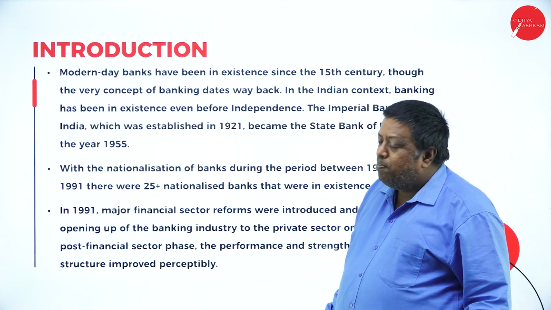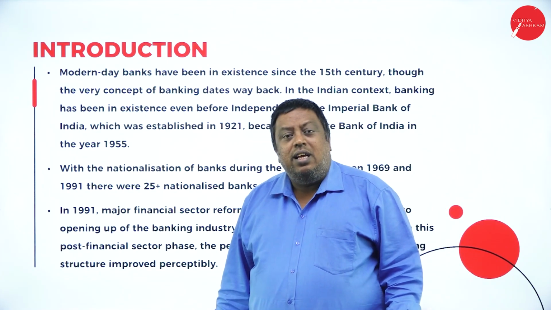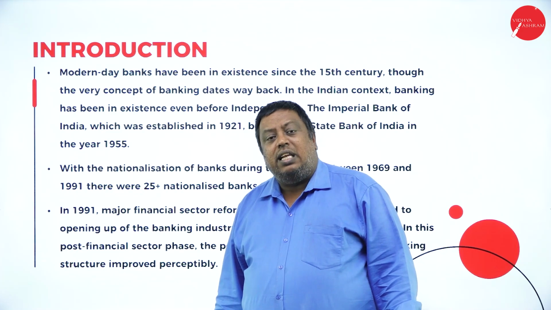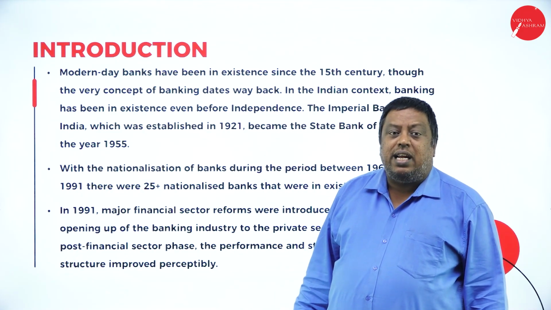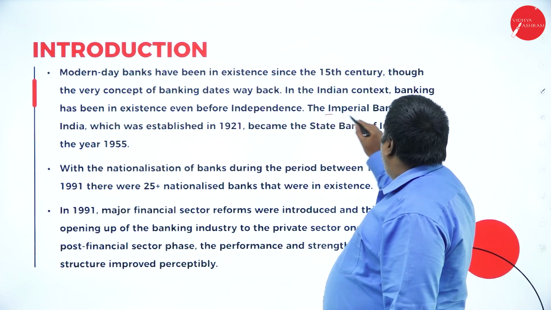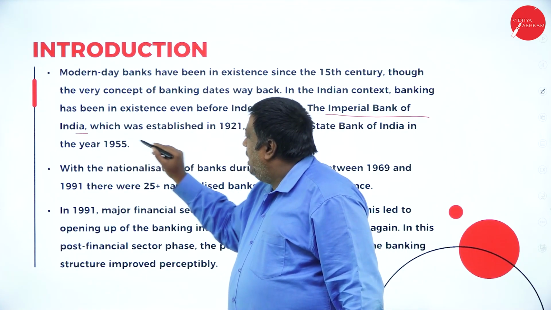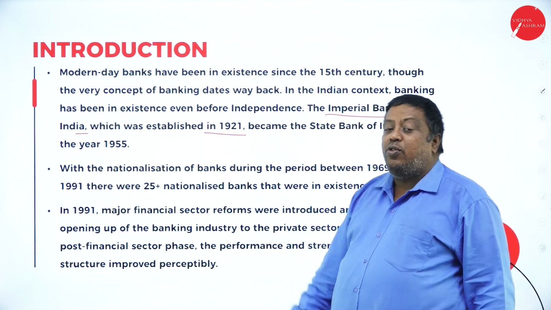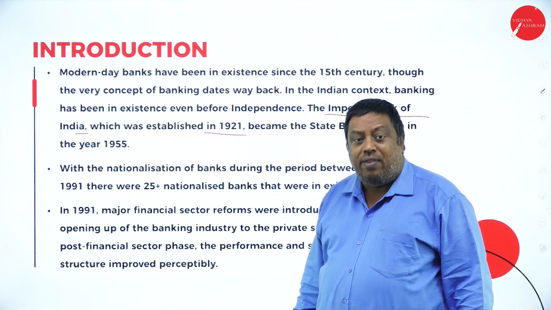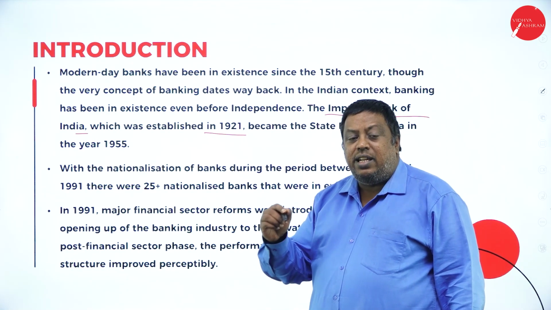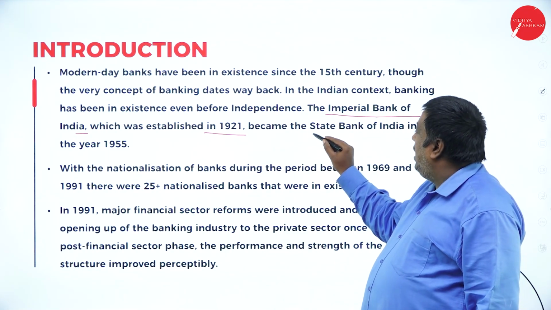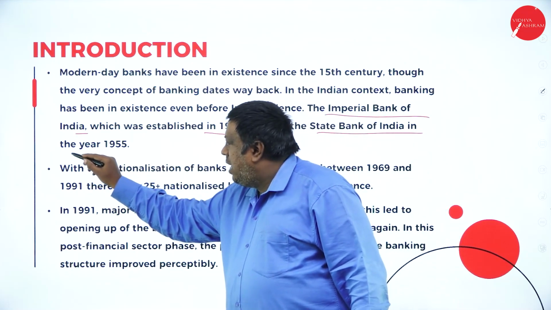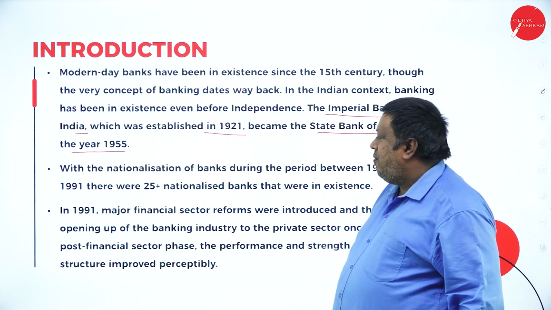The introduction of the bank: the bank was started in earlier days itself. In 1921, in our country, we had a bank called the Imperial Bank of India, which was established in 1921, and now it is called State Bank of India after 1955.